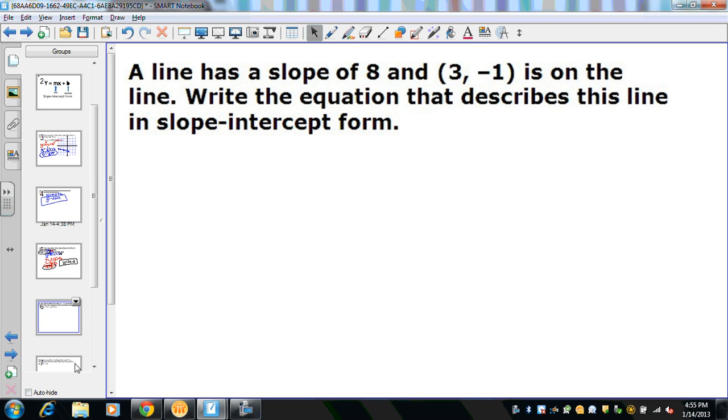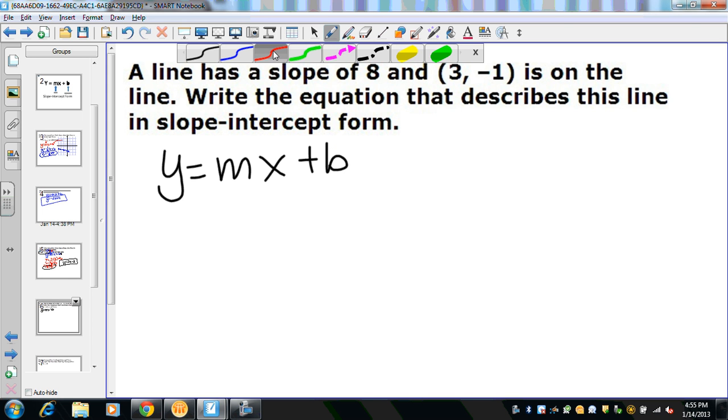All right, let's do one more example. A line has a slope of 8 and (3, -1) is on the line. Write the equation that describes this line in slope-intercept form. So the equation of the line, y = mx + b. So we're going to plug in some stuff here. Because remember, this is our x and this is our y.